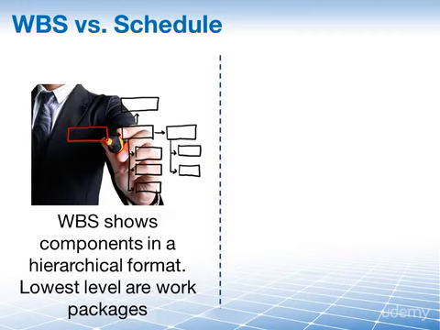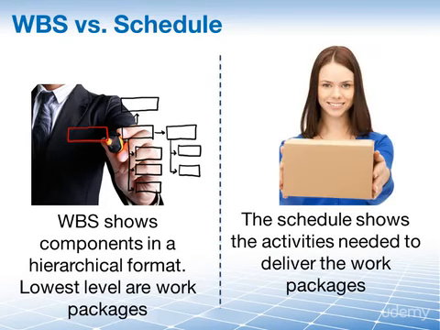And at the very lowest level of the WBS, we have work packages. We don't talk about work at all, the activities, the tasks that need to be executed. That's what the schedule is for, because the schedule shows the activities that are needed to deliver the work packages in the form of a schedule on a timeline.